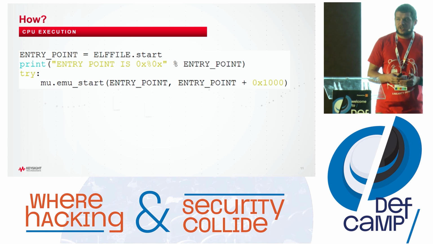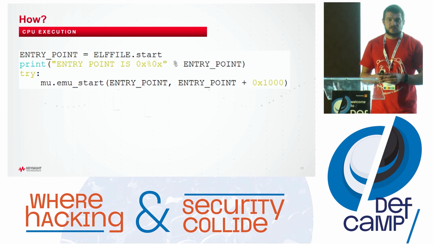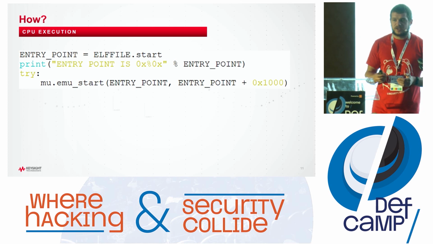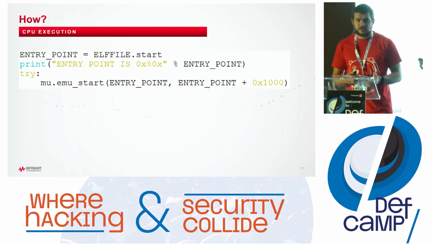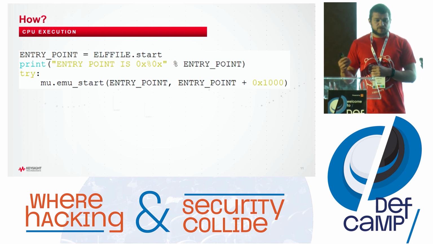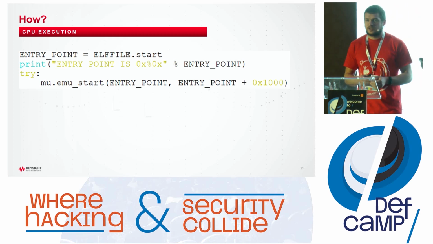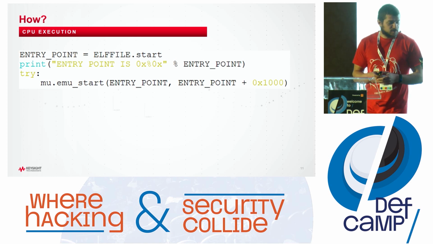So I said Unicorn helps us with CPU execution. What's cool about Unicorn is the fact that it's got bindings for different languages. I gave you the example of QEMU, which basically is a lot of C code. You have to go with C. Unicorn is highly easy to customize. It's got bindings for different languages. My de facto language is Python, and you can easily bind a lot of the stuff and do everything in Python.